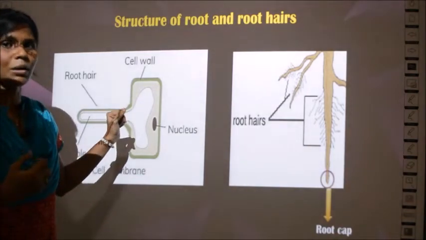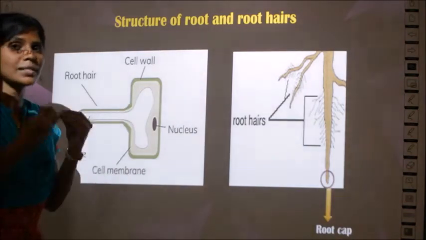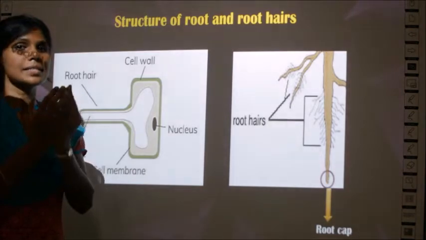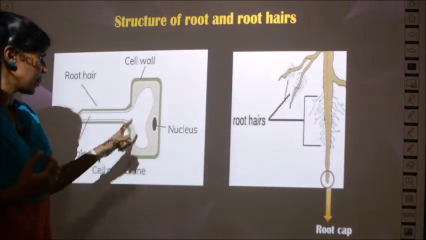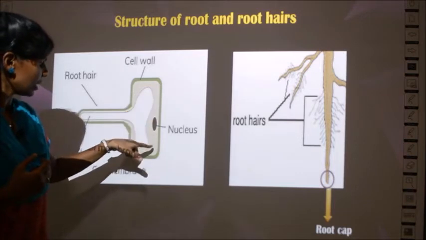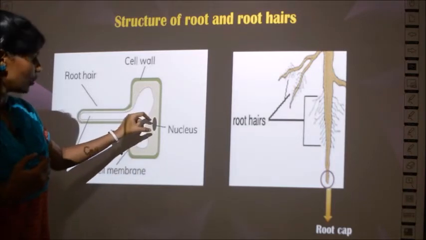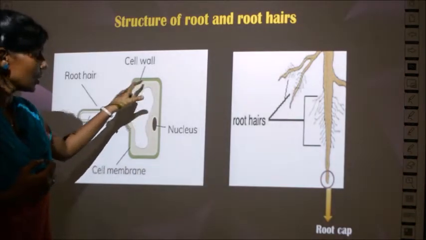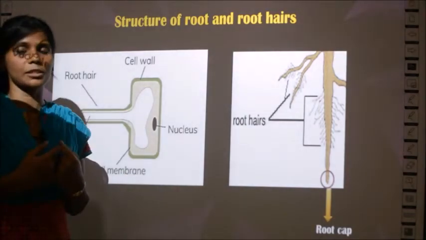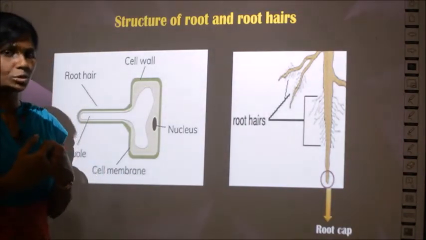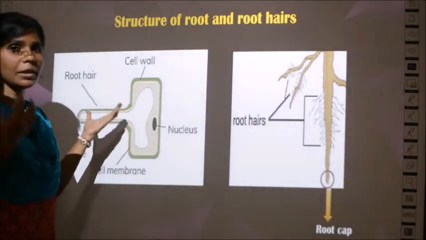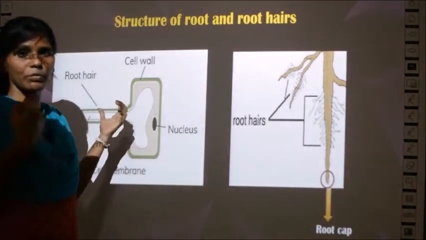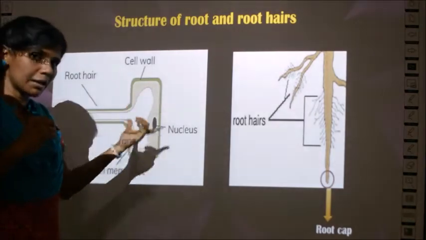The vacuole has a liquid portion called cell sap. And this yellow portion where you find the nucleus is called cytoplasm. These parts must be familiar to you. If I give you a diagram without labels, you should know how to label all these.